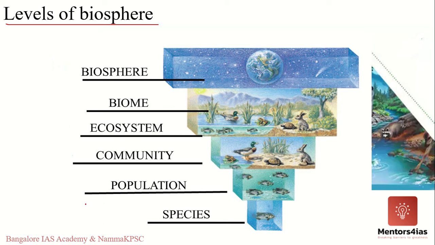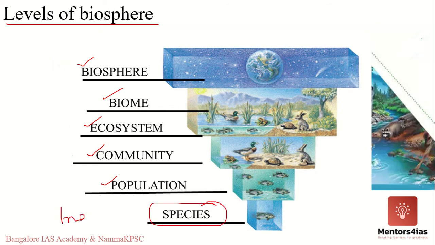Here you should be able to see the biosphere being broken down. You have the individual, and when individuals come together, you have the population, then the community, then the ecosystem, then the biome, and finally the biosphere. When different types of cells come together, you have an individual, which represents a particular species.